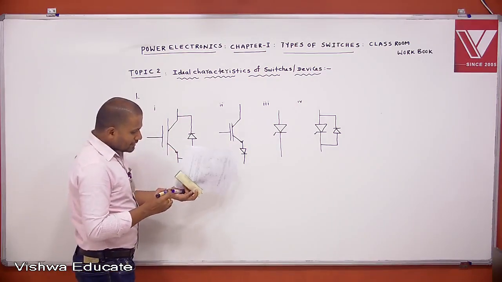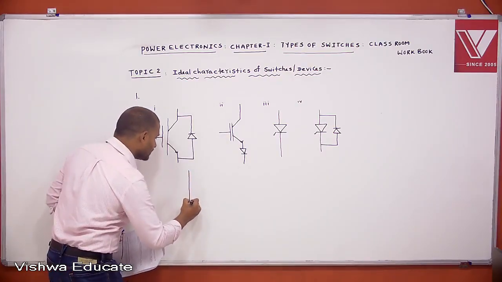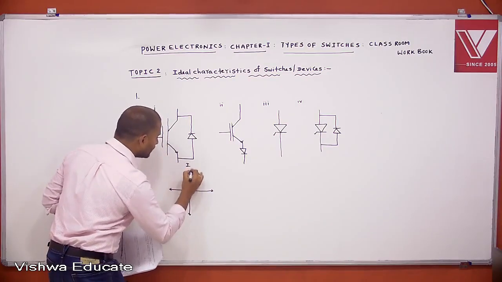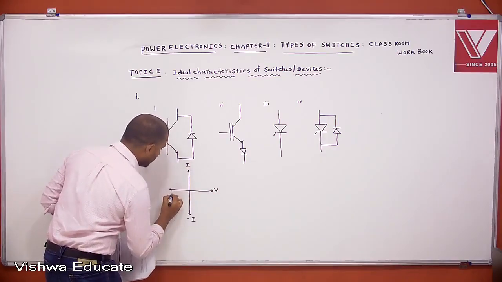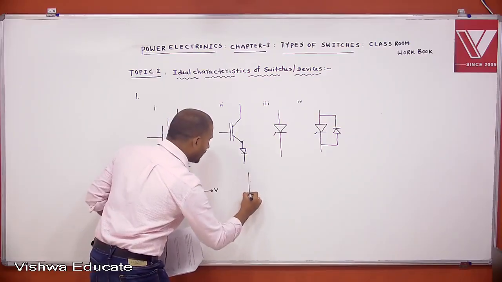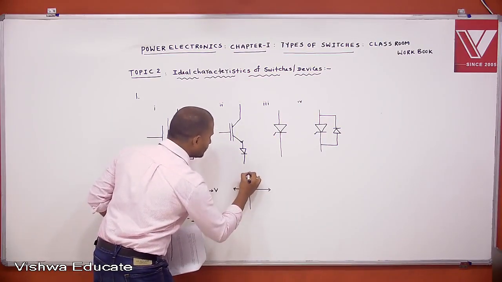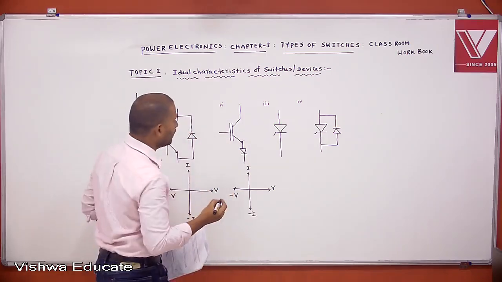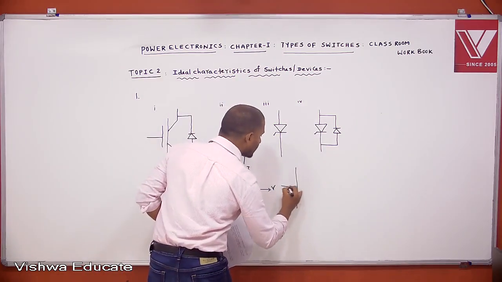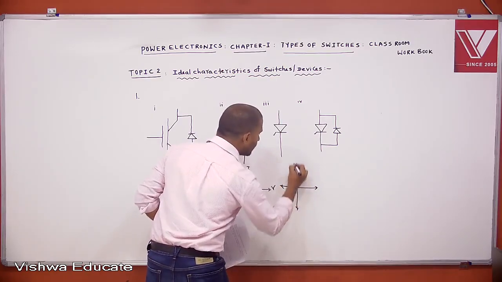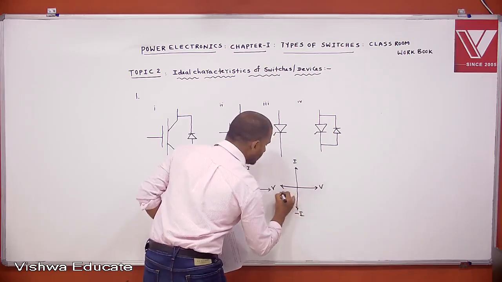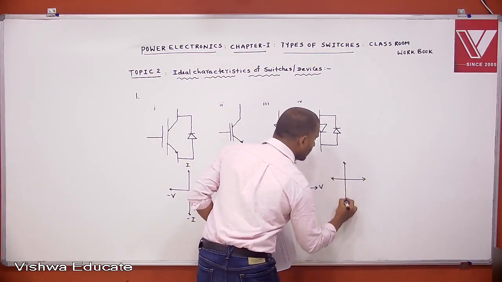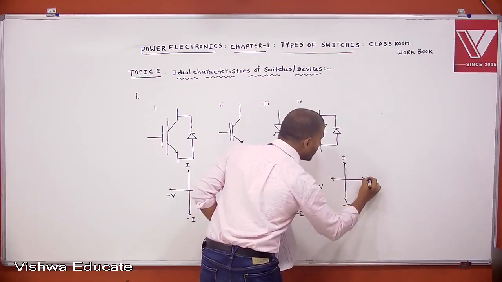We know this; these characteristics were already explained in detail. For this device, if you draw the ideal characteristics, this is I, this is minus I, this is V, and this is minus V. For this one also you draw the ideal characteristics, with I, minus I, V, minus V. What about this device? Draw its ideal characteristics too. And draw the ideal characteristics of this device also.